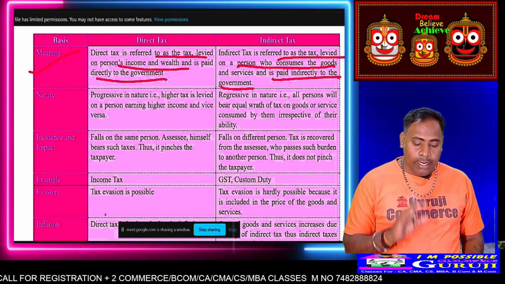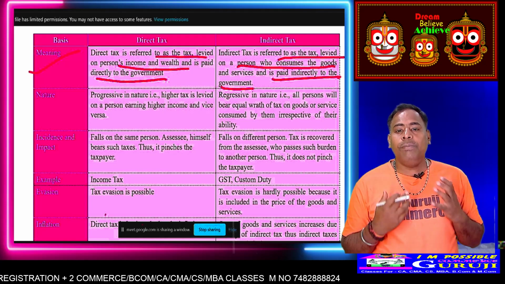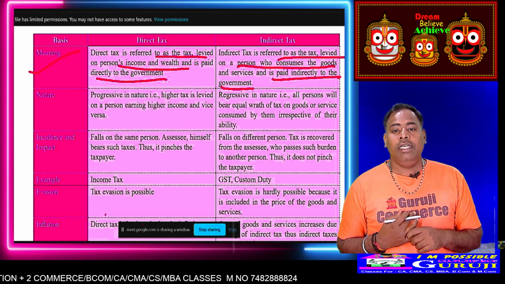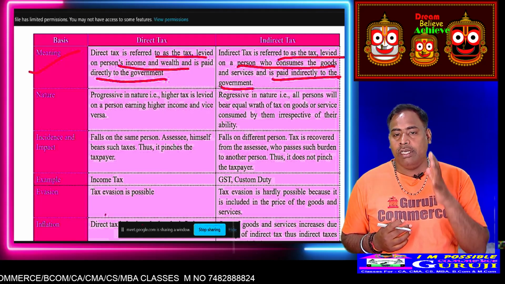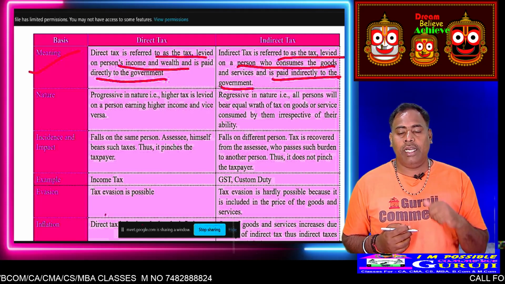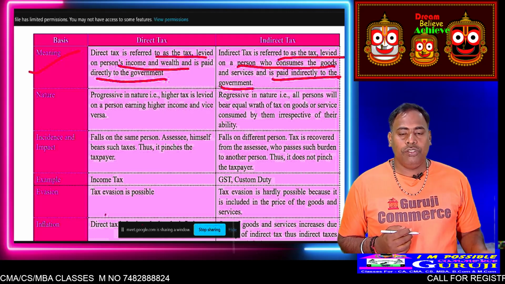Indirect tax refers to the tax levied on the person who consumes the goods or services, paid indirectly to the government. Means the consumer is not paying the tax; the seller is paying the tax on behalf of the consumer. He collects the tax from the consumer and deposits it to the government.